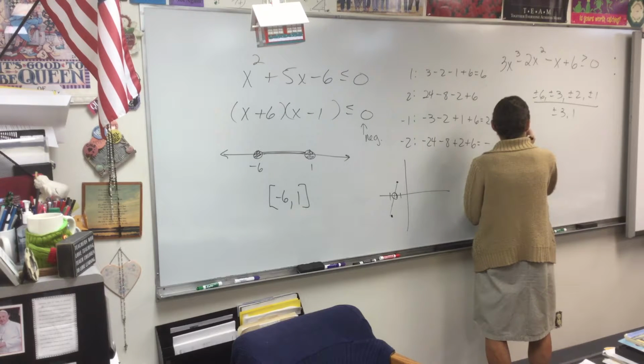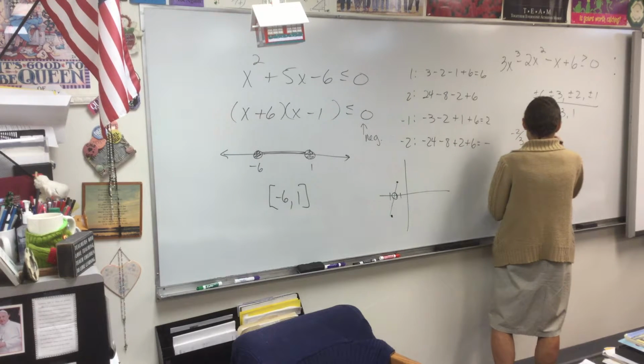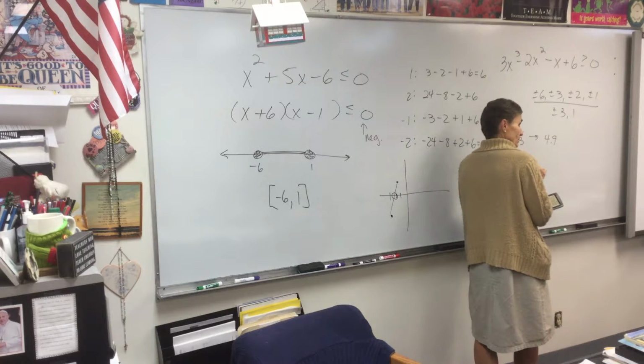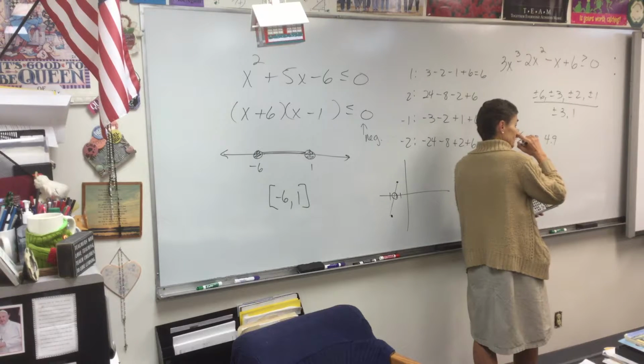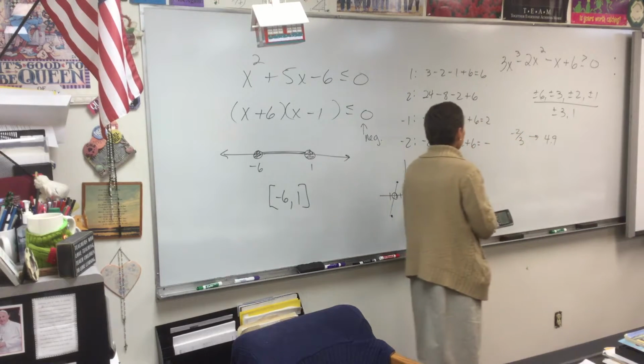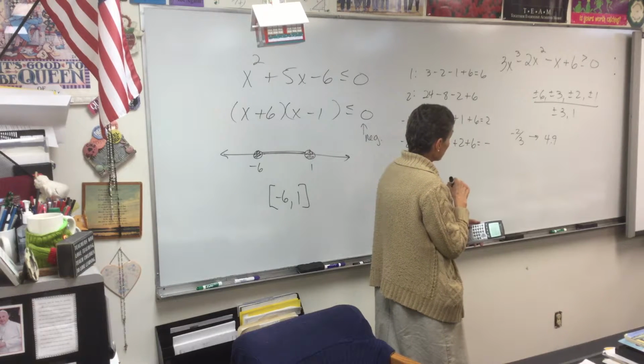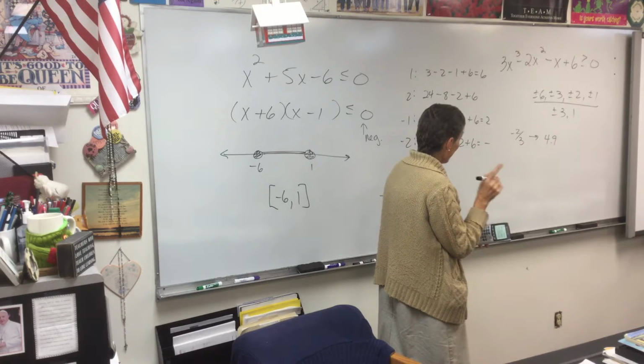So -2/3 did not work. It gave me a positive 4.9. Did anybody find one that works? 3 or -3 work? I know 6 can't work, -6, those are just way too big. We have tried everything except 1/3.